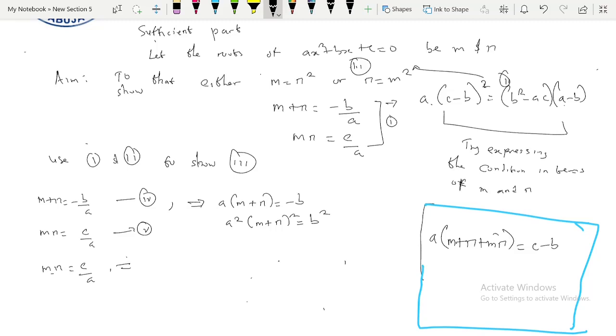So this means a mn equals c. I multiply both sides by a, and then a square mn equals ac, right? So I can call these equations 6 and 7. Then I can just subtract 7 from 6.